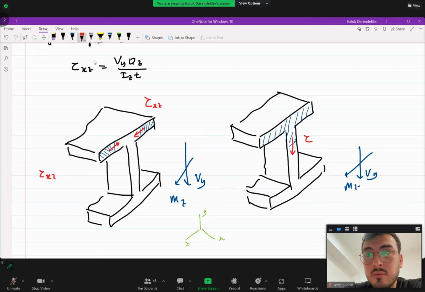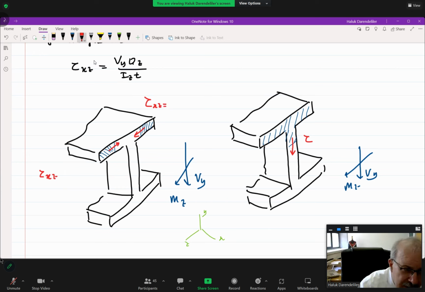Okay, so this is tau xz. Equation is Vy Qz over Iz times t. What about this? This is Vy Qz over Iz times t. So what's the difference? The second one is minus.